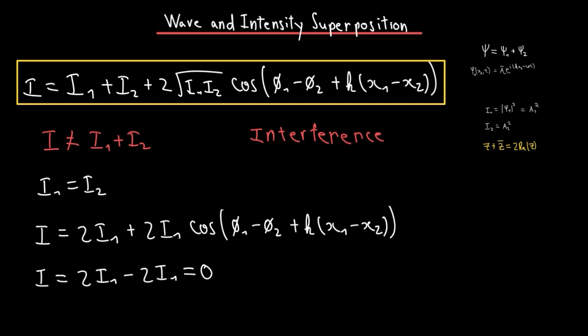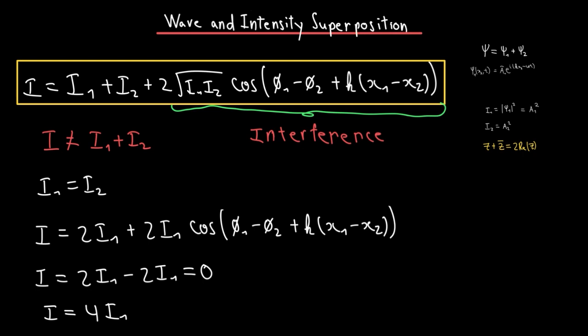And this case represents destructive interference. So the intensities of the waves interact in a destructive way, in such a way that they cancel each other out. Conversely, if the cosine takes its maximum value, we get that I is equal to 4 times I1. So in this case, we talk about constructive interference. And therefore, this entire term over here underpins the physical phenomenon of interference.